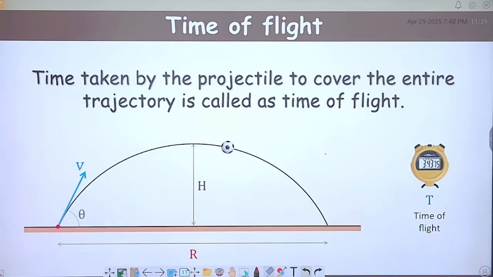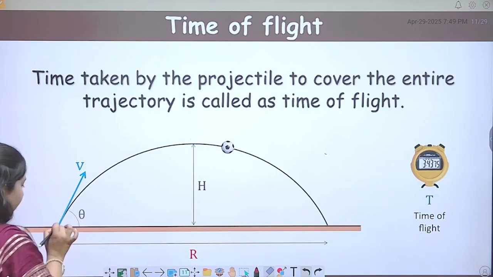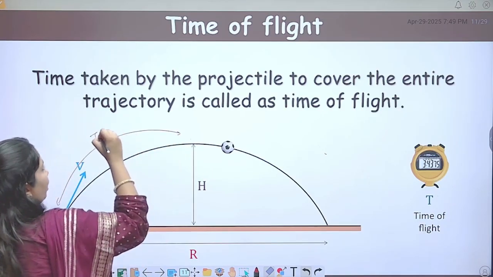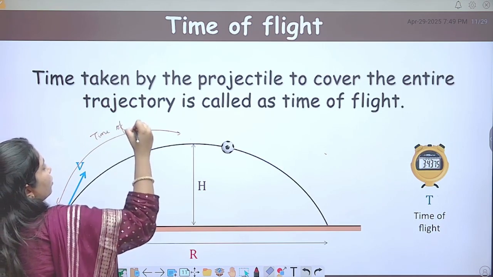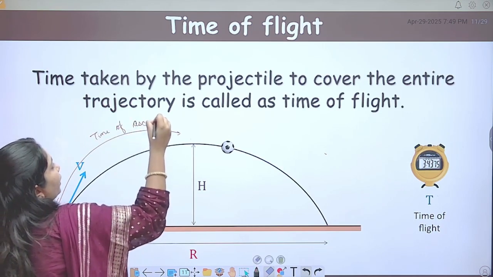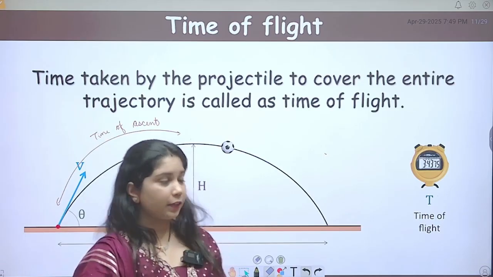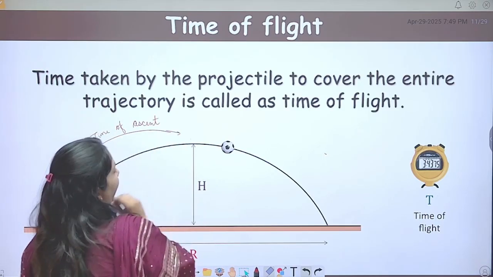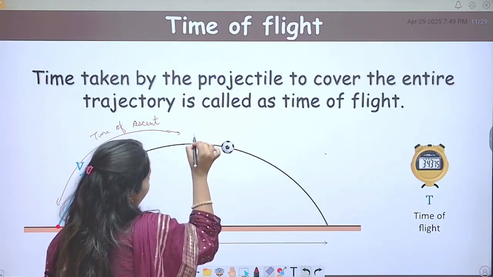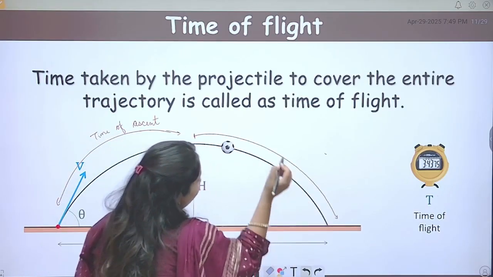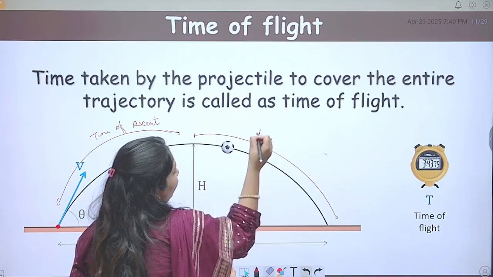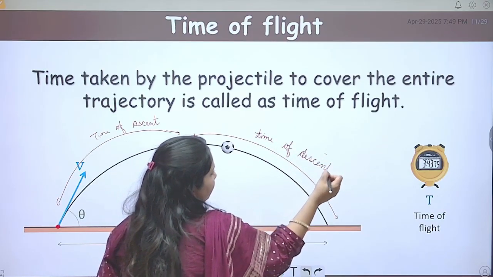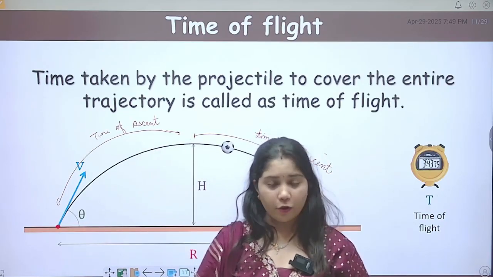Now, time of flight. From ground to maximum peak is called time of ascent. And from maximum peak to ground is called time of descent.